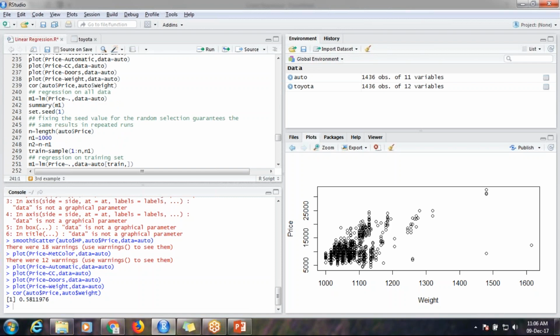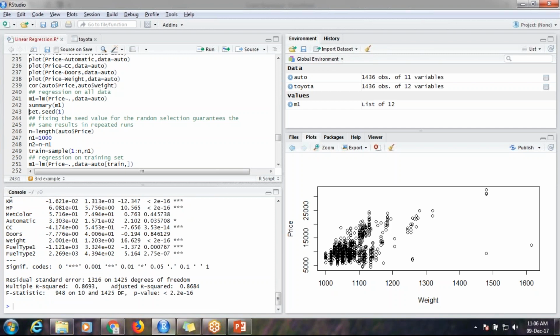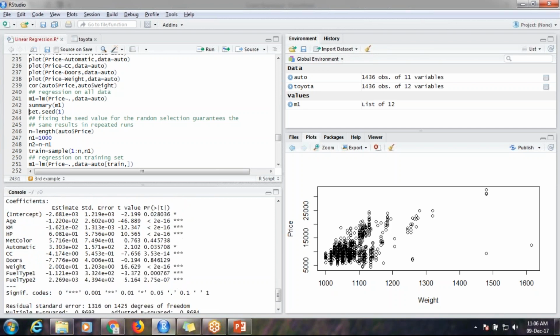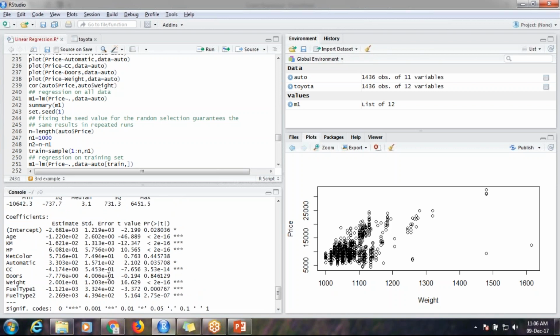So now let us do one thing. Let us take all the variables that we have created so far and try to understand how my model would look. It was a small data set, so that's why it has taken all of them quite easily. So here you see my multiple R-squared and adjusted R-squared are quite. First of all, let me start from here.